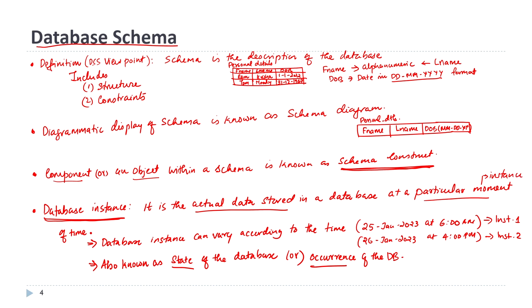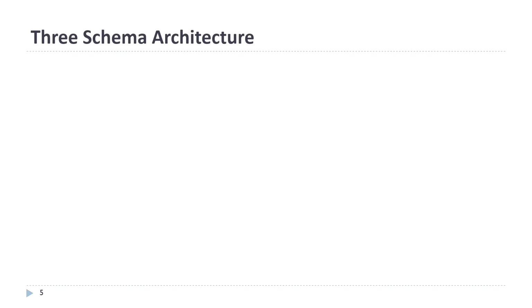So, now without delaying, let us go to the 3 schema architecture. This is the most popular architecture. There are other architectures also, but the architecture followed in DSS, corporate or business DSS, is the 3 schema architecture.